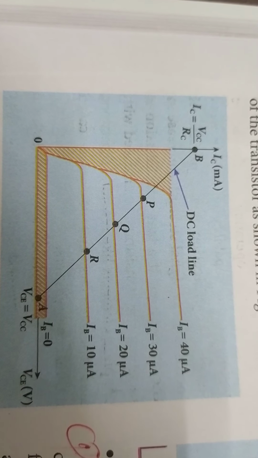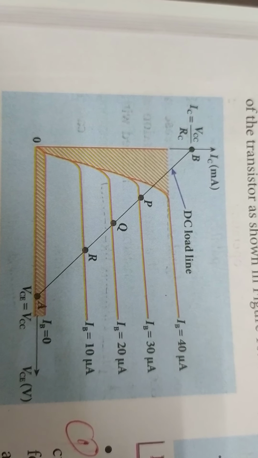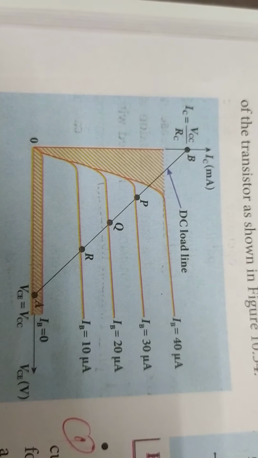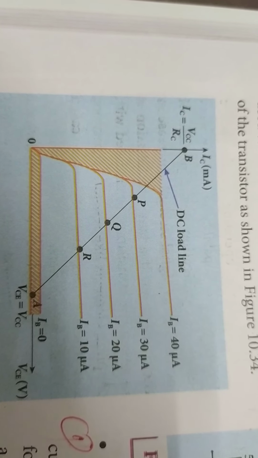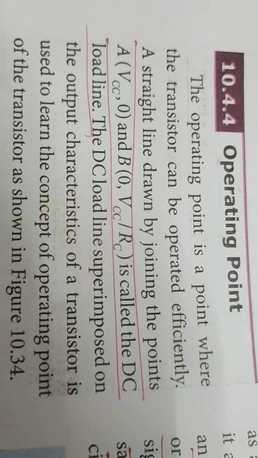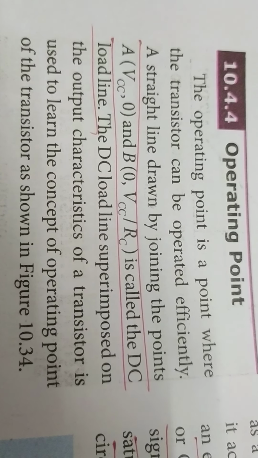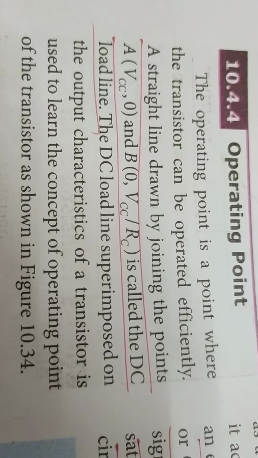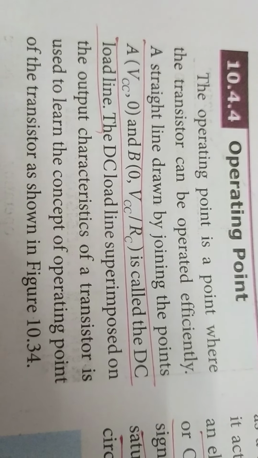So usually we will take the center point, and taking this as the reference point, you have to draw the load line. So a straight line drawn by joining the points A, that is VCC comma 0, and another point 0 comma VCC by RC, is called a DC load line.